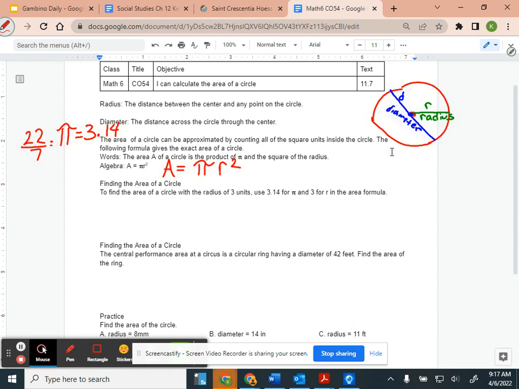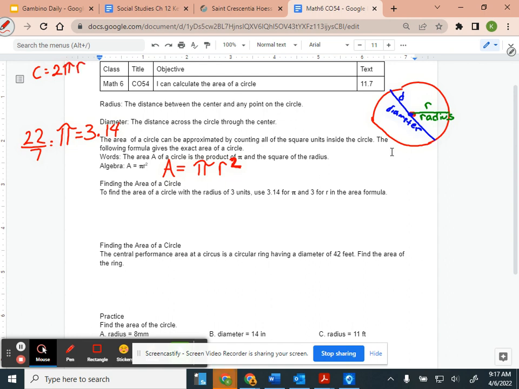So we'll notice there's another key thing in here that we need to know. Our radius is squared. What does it mean when we square the radius? Multiply the number by itself. When we did the circumference, that equaled 2 pi r.